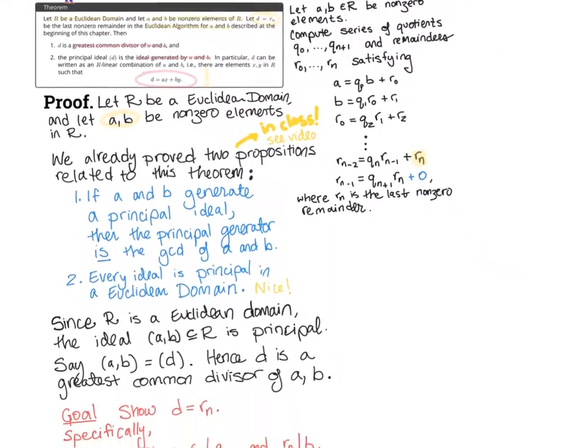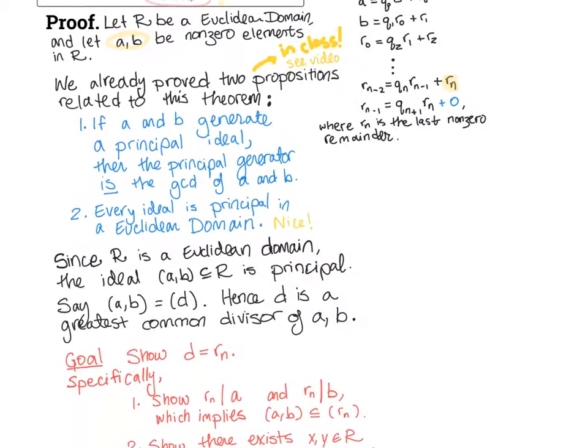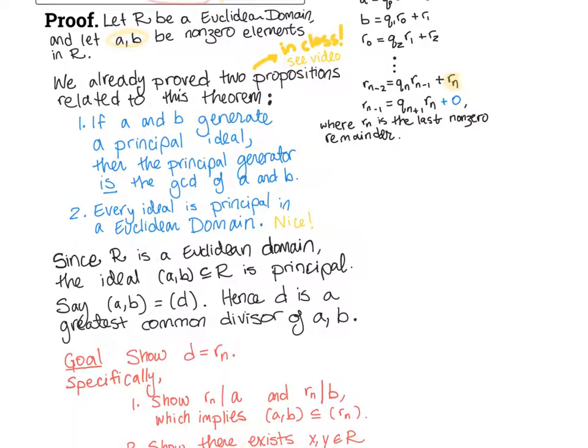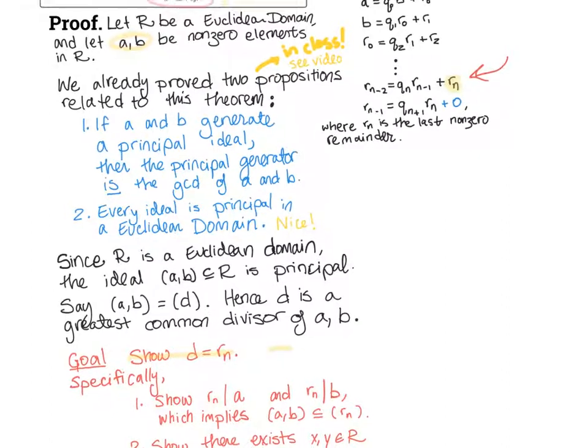So let's say D is that principal generator. Then our goal in this context is just to show that D is equal to Rn, where Rn is that last non-zero remainder in the Euclidean algorithm.